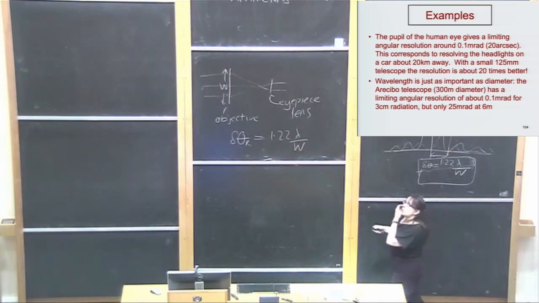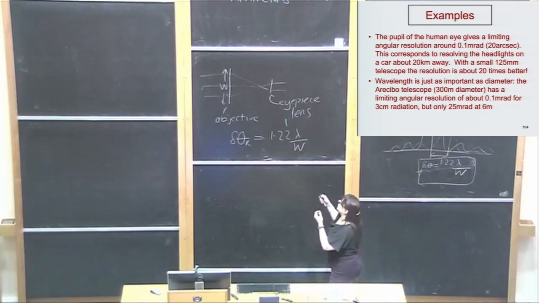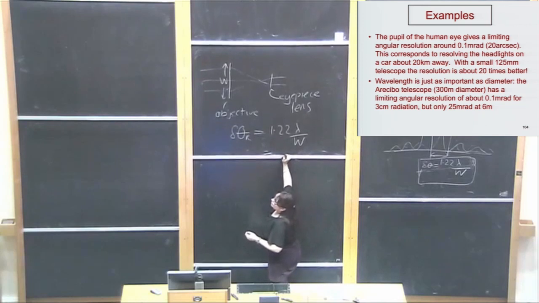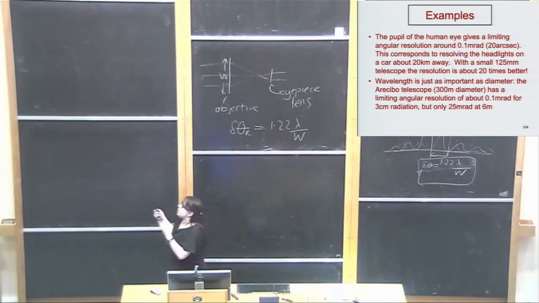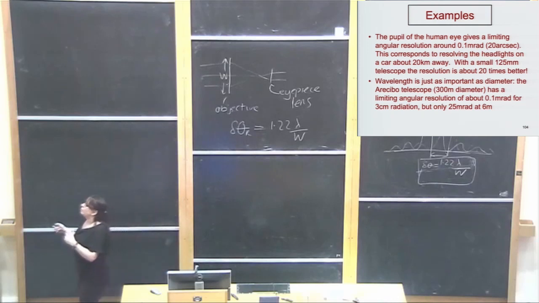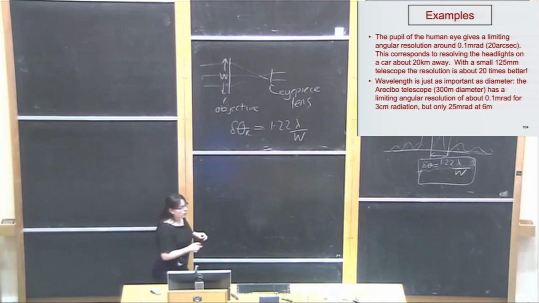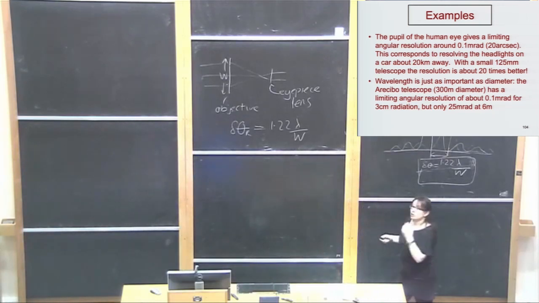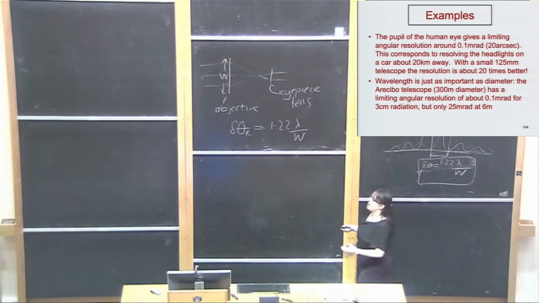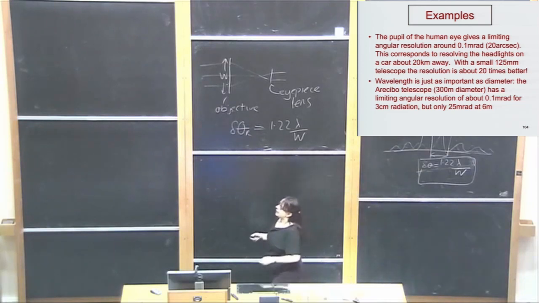So when you use this in real-world applications, you need to think about the whole ratio, lambda over W. Let's think about visible light first of all, and a very simple system, well, not simple biologically, but a simple system, which is your eye, and think what is the limiting aperture size in that case, right? And it's your pupil size. That's where the light rays need to get in.